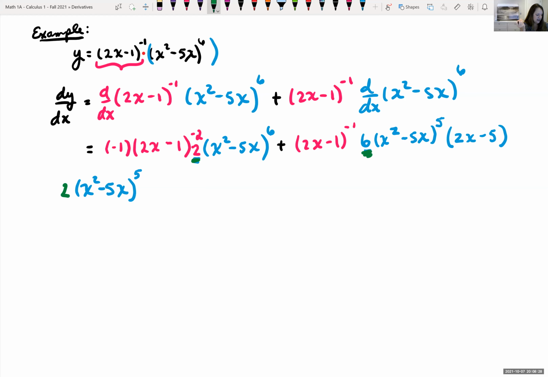These have negative exponents, so let's pull out the smallest one. The smallest one here is 2x minus 1 to the -2 power, since -2 is smaller than -1. So let's pull out 2x minus 1 to the -2 power also.